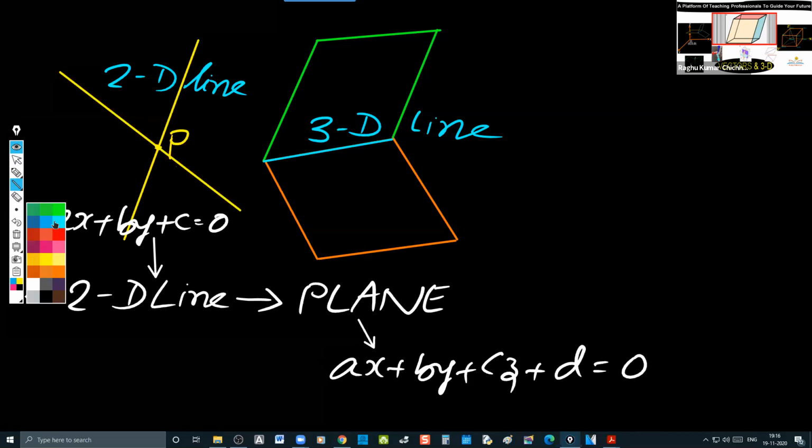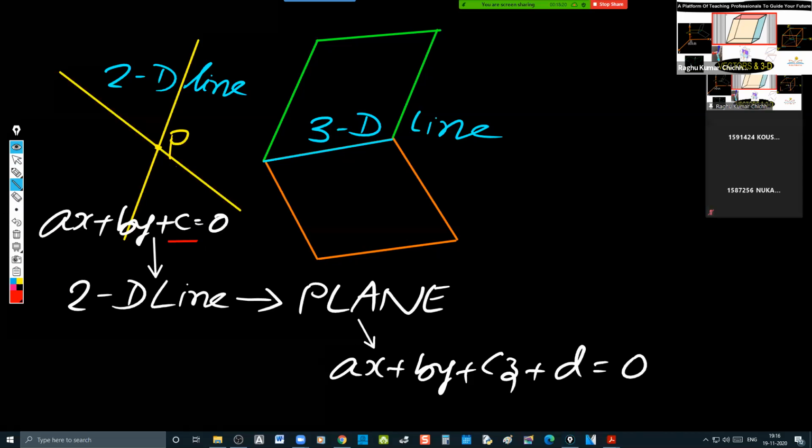That is, the equation of a 2D line contains only x and y terms, and here it consists of x, y, z terms, that's only the extension. So if you see the plane from the window of the 2D line, it goes very easy, and vice versa. That means if you see the 2D line from the window of the plane, it will be easy for you. This is important.